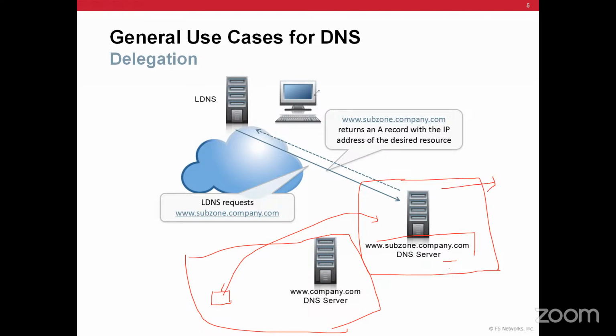Now how will the user forward its request to this, because the user doesn't know you have moved your service to some other vendor or SaaS? The user still knows company.com. You don't want to ask the user to connect directly to this, because you are hiding identity as well. The user only knows this. Otherwise, the user will know what it is hosted on.